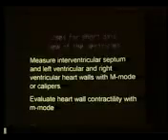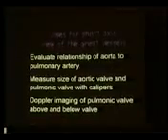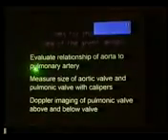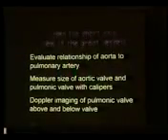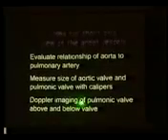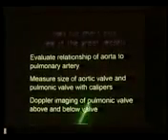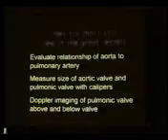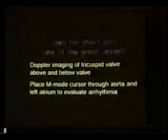So M-mode becomes a very important landmark. Evaluate the relationship of the aorta with the pulmonary artery, because sometimes we have pulmonary stenosis or aortic stenosis. The size, the caliber of these vessels will change. Measure the size of the aortic valve, measure the size of the pulmonary valve with the caliper, and Doppler imaging of the pulmonary artery and the aortic valves.